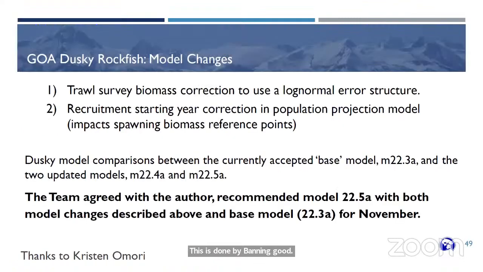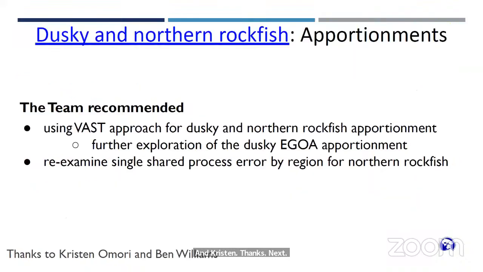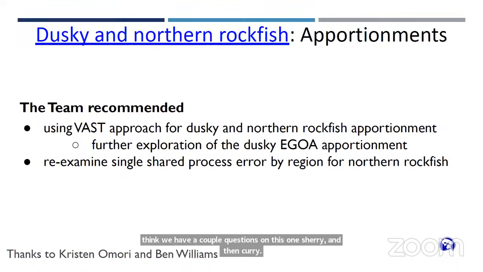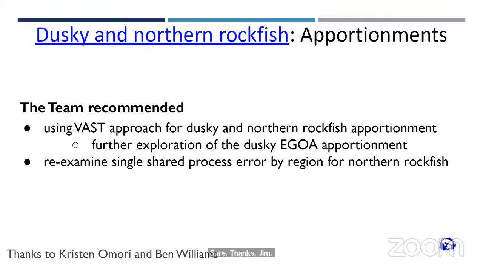Next slide, please. I think we have a couple questions on this one. Sherry and then Curry. Sure. Thanks, Jim. So for using the VAST for the Dusky and Northern, I was able to listen to most of the discussion, and the VAST results were considerably different than the design results.